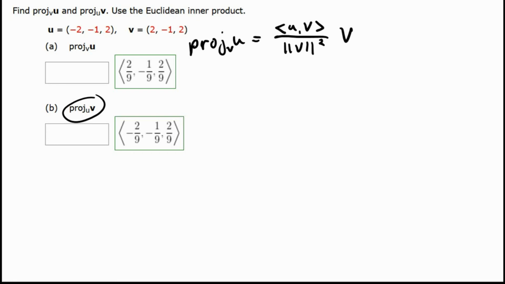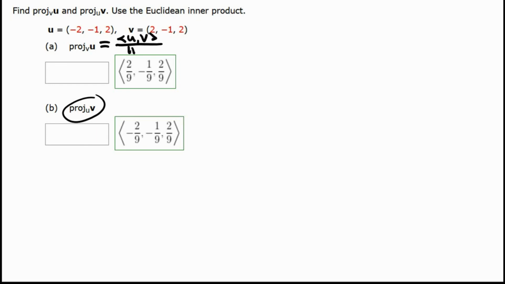We need a few things. Maybe I can write this right here. This is the inner product of u and v over the norm of v squared times v. So we need the norm of u, which is the square root of 4 plus 1 plus 4.